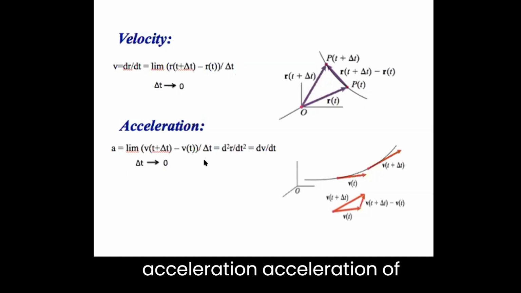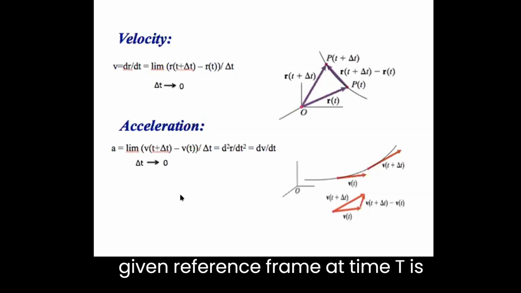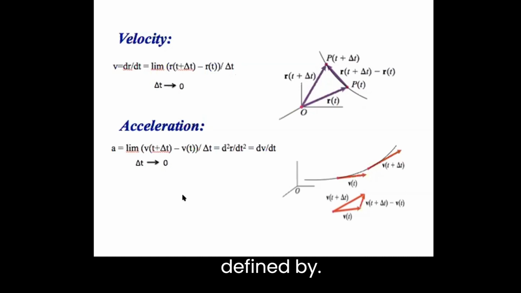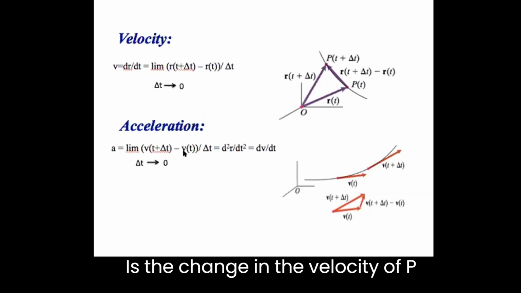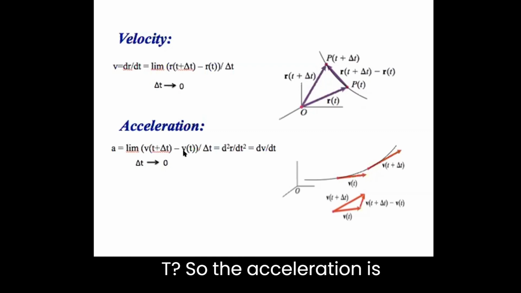The acceleration of P relative to the given reference frame at time t is defined by v(t plus delta t) minus v(t) over delta t, where v(t plus delta t) minus v(t) is the change in the velocity of P during the interval of time delta t.